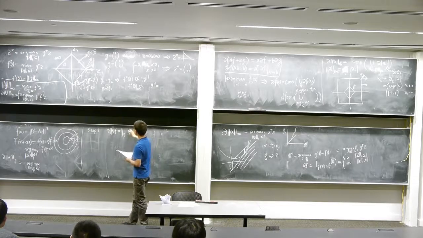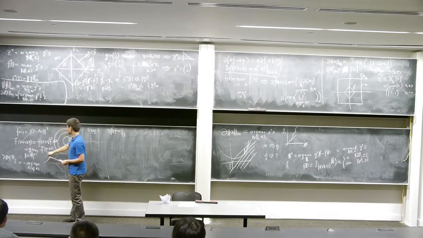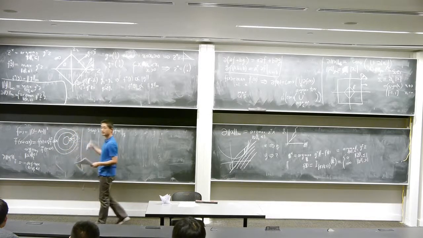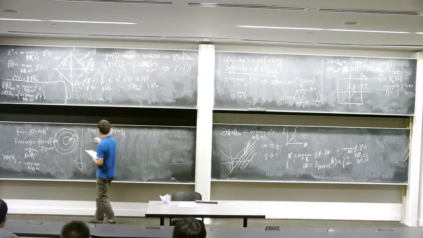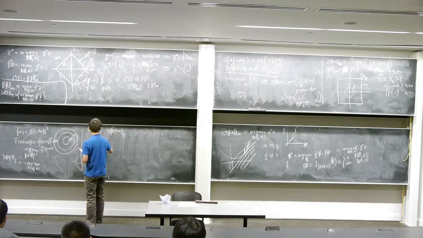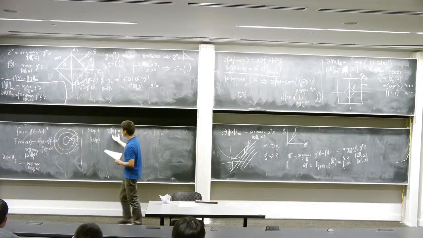Because the negative direction minimizes the descent on the tangent space. And then step 2. This is a unit vector. Why is this a unit vector?